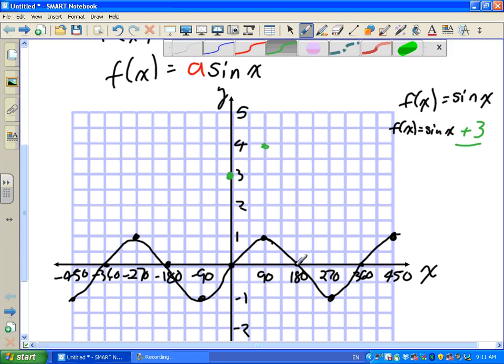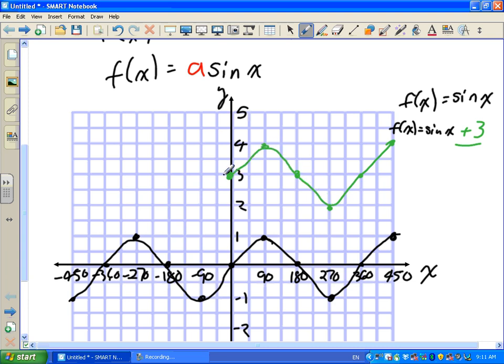Okay. 180, 0. 0 plus 3 is 3. Negative 1 plus 3 is 2. 0 plus 3 is 3. 1 plus 3 is 4. And we can continue that pattern back the other way. Negative 1 plus 3 is 2. 0 and 3, 4, 0, and 2 again.